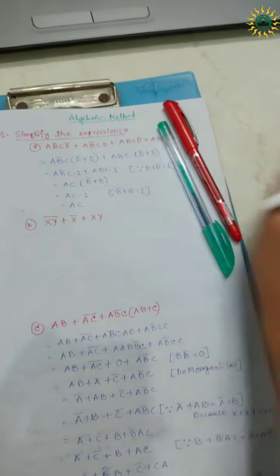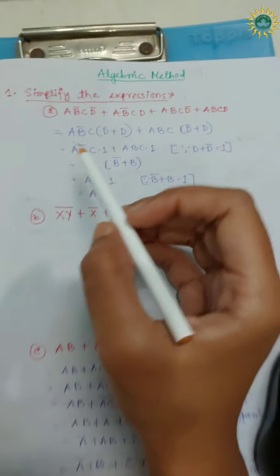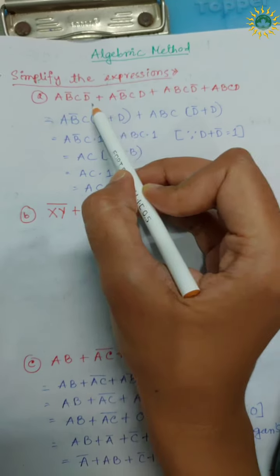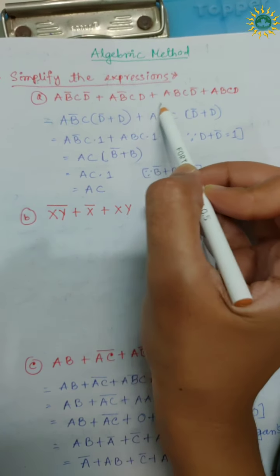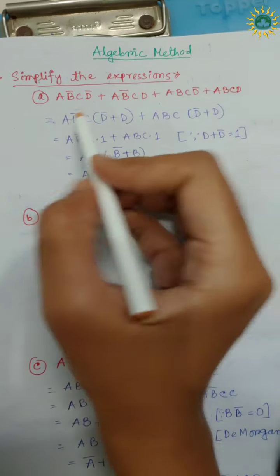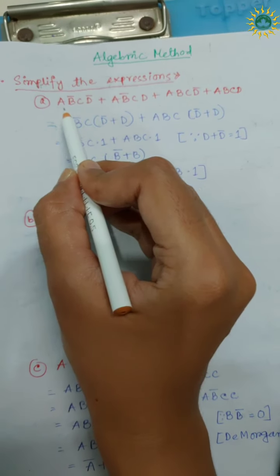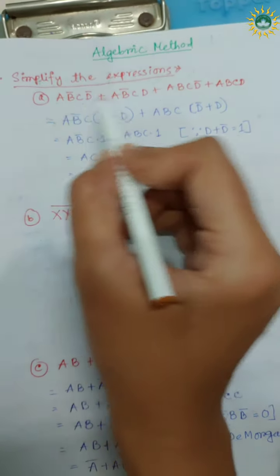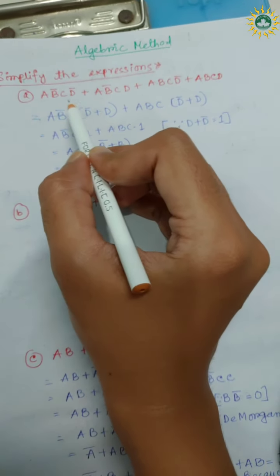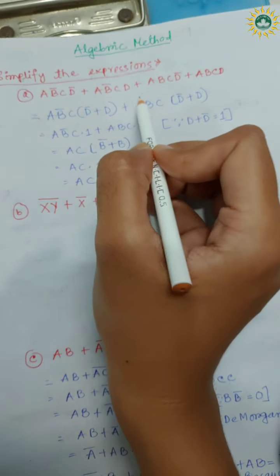Okay. Now for the first one, I have A B bar C D plus A B bar C D bar plus A B C D bar plus A B C D. Now from these two we can see A B bar C is common, right? So we take A B bar C as common, and then from these two D bar and D are left.